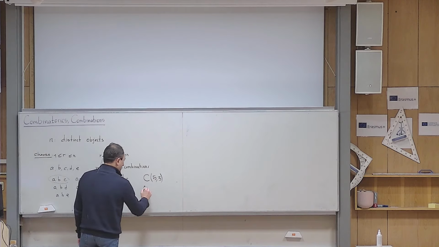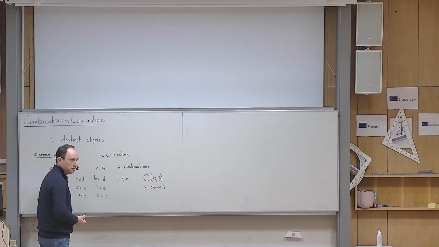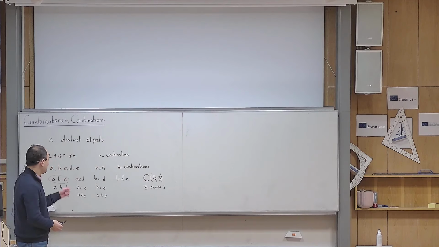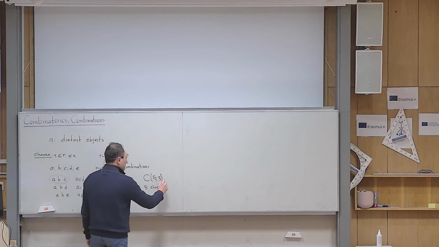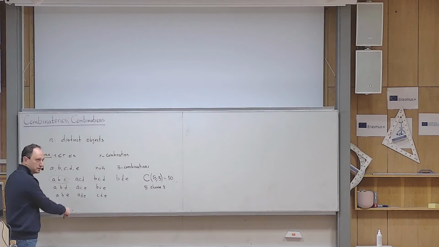This symbol is the number of 3 combinations out of 5 distinct objects. So if I ask you, do you know this number? Yes, because we did it and we can count them, it becomes 10. But of course, the problem is how can I find this number without writing them down?